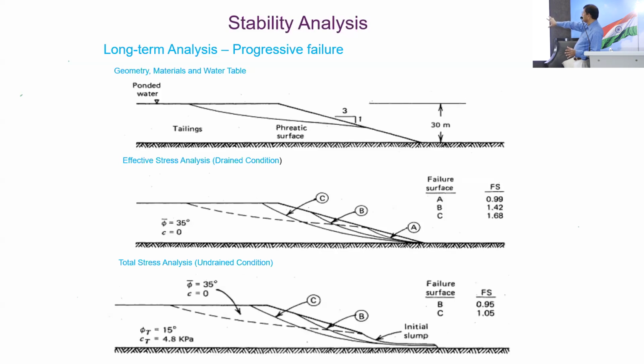After closure, again we should have a phreatic surface. During construction time, definitely we use a little bit steeper slope, but at closure, it has to be a 3-to-1 slope.